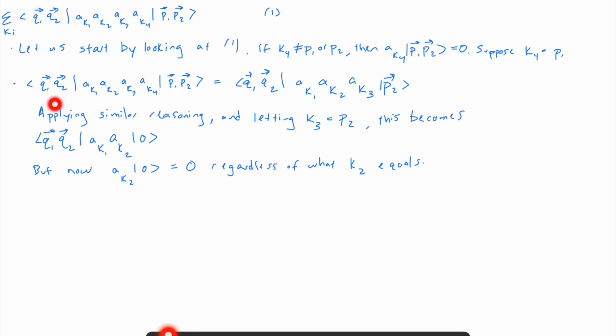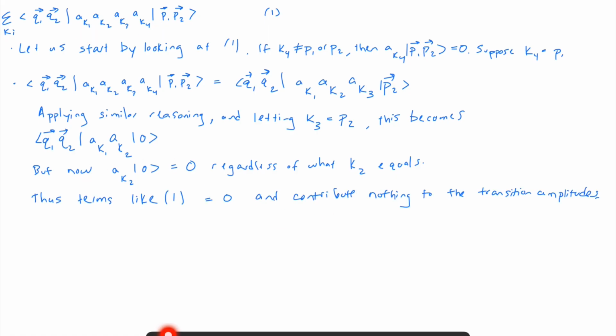So this whole expression will always turn out to be 0 when I have a term like this. So that really can't contribute anything to our transition amplitude for scattering. So terms of this sort, which came back from our first order term, won't contribute anything, so we can ignore that.